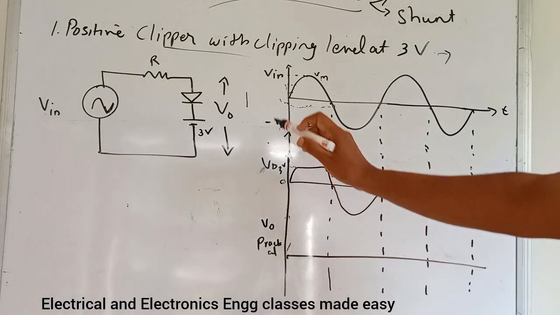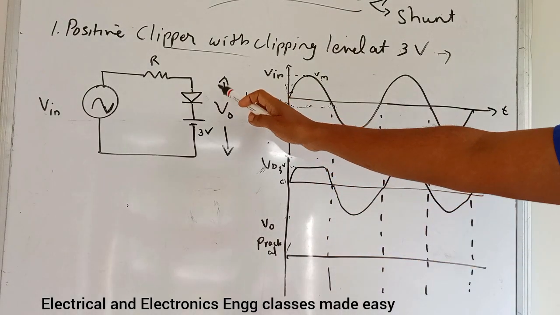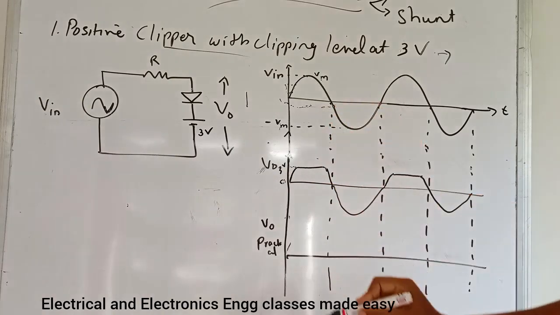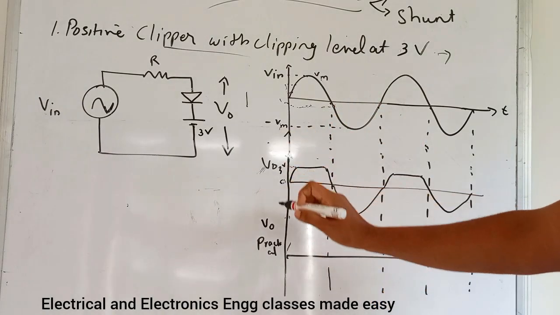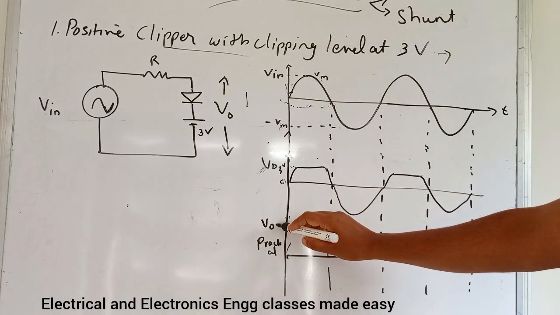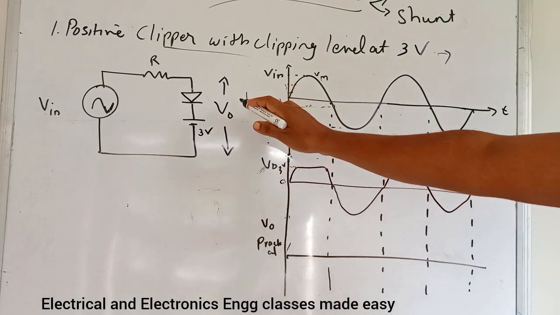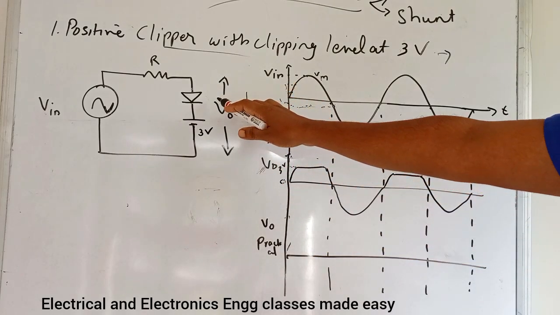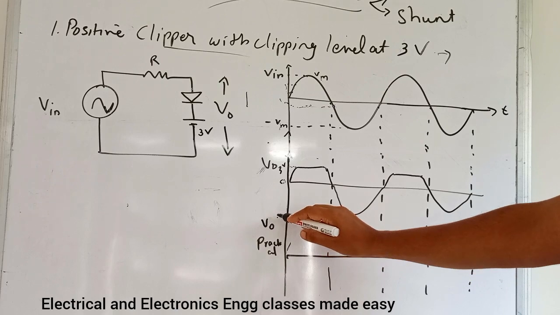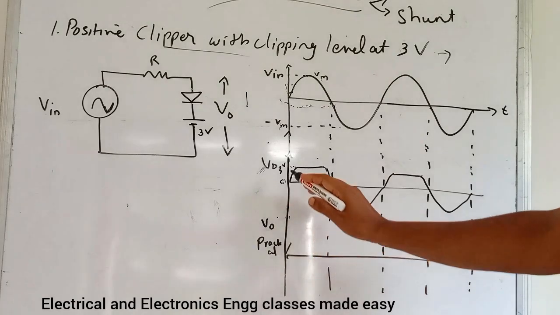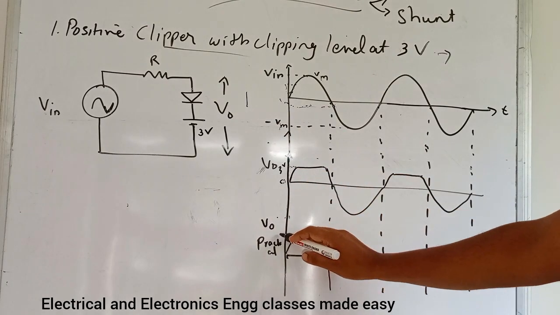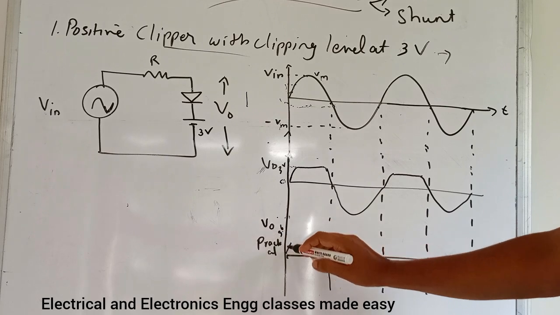So, in practical case, we have to consider the voltage drop across this diode. So, let the voltage drop across this diode be 0.6, then up to 3 plus 0.6, that is 3.6, it will not conduct.